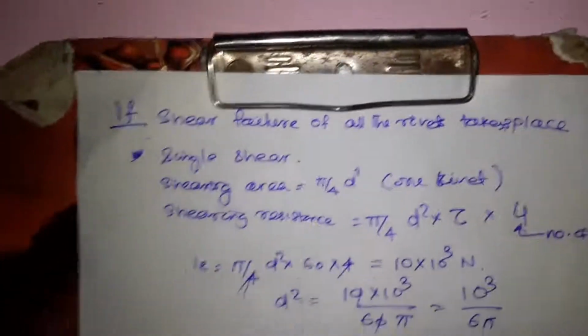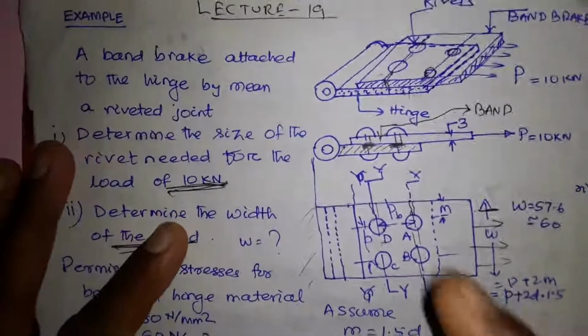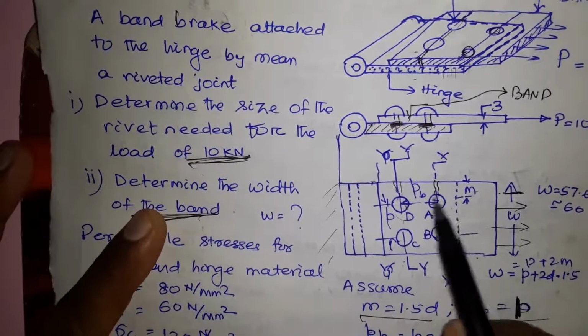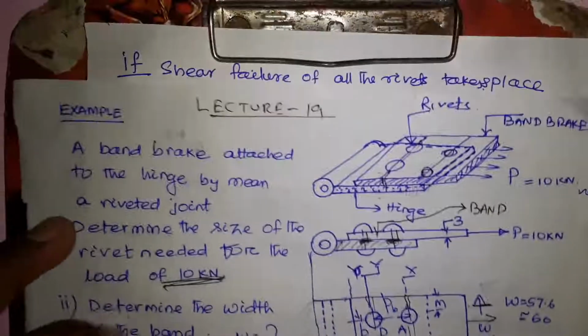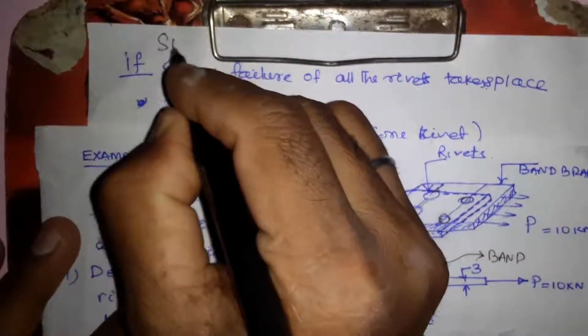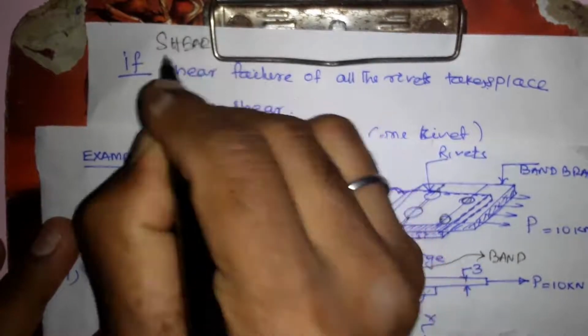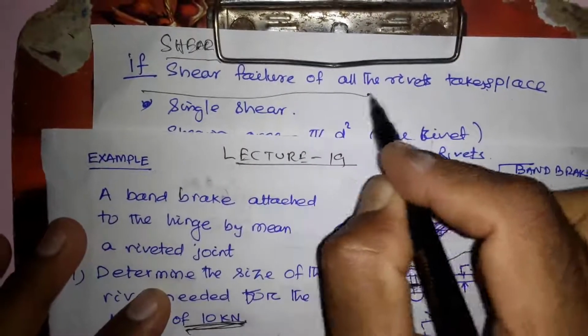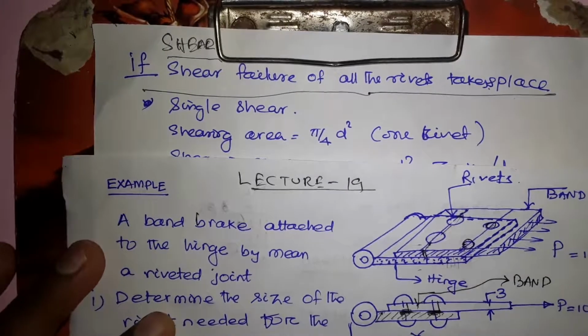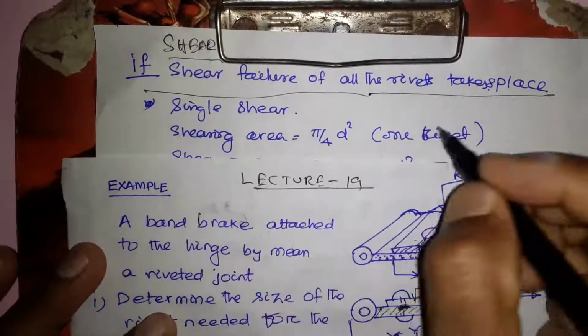So if all 4 rivets shear, all the 4, failure of all rivets takes place. So what will be the shearing?